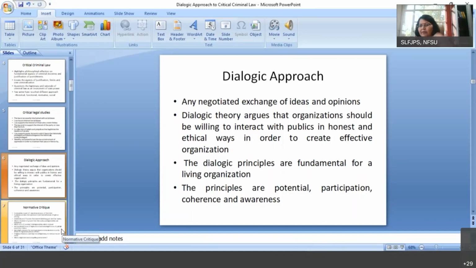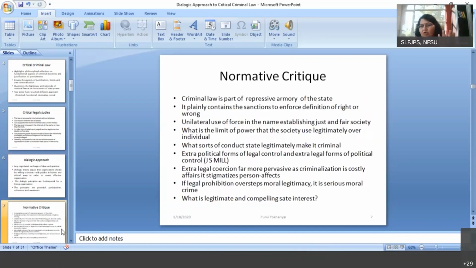Now, before I move to the questioning, before I move to the legitimacy issue, we all know the way in which the criminal law has been attacked by a normative framework, because there is a normative critique of the criminal law: that it is considered a repressive armory of the state.